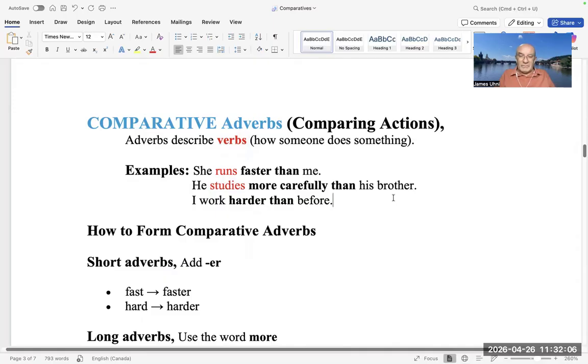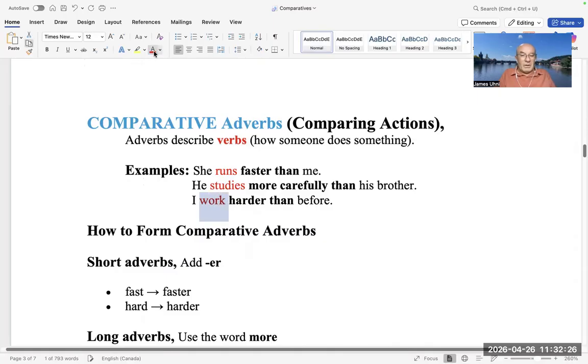If it were an adjective, it would be: he is a more careful student than his brother. I work harder than before. Work is a verb.